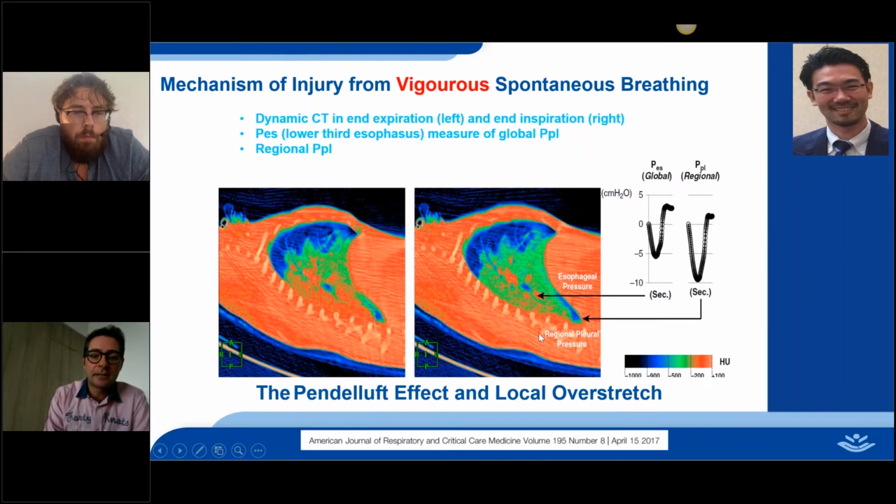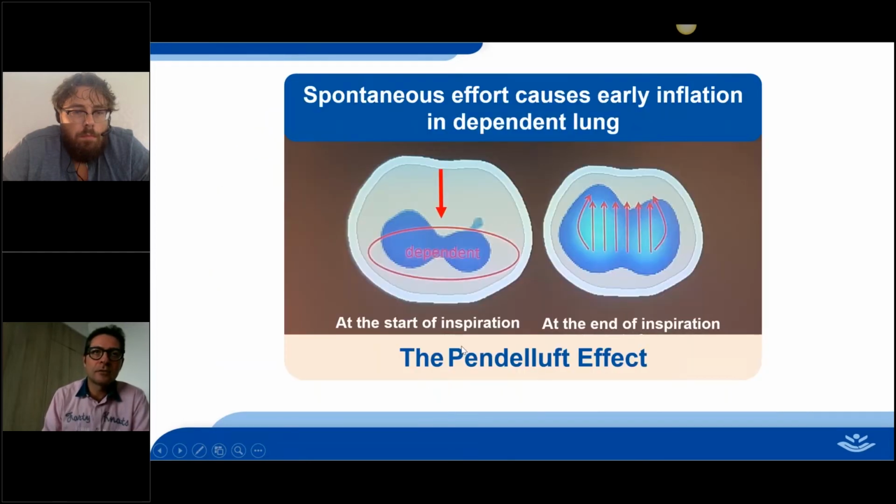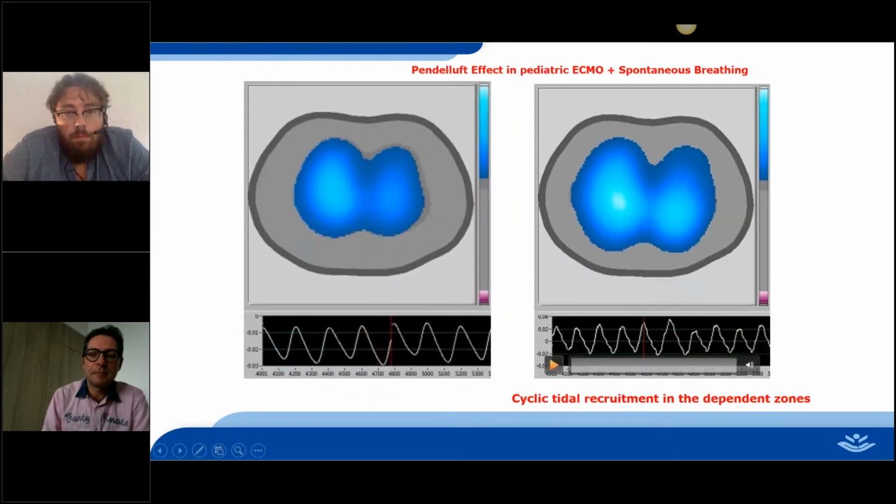This effect creates what we call pendulum, that is a sort of movement of air from the non-dependent region, so here, to the dependent region. This creates a problem that is called overstretch, and overstretch can be seen here with the electrical impedance, very, very nicely, microscopically.